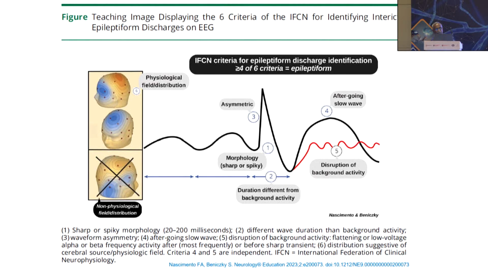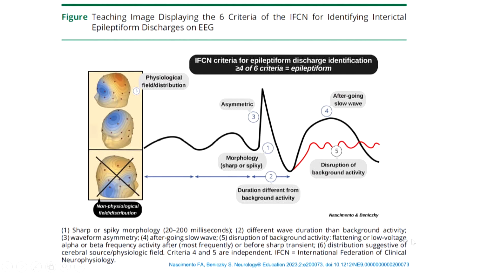The International Federation of Clinical Neurophysiology recently defined the 6 criteria, 6 attributes of the genuine epileptiform pattern, of which 4 out of 6 should be present for you to define it as epileptiform. Let us go through each one of these criteria.